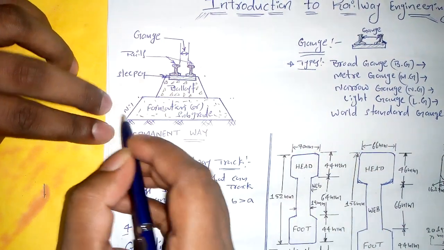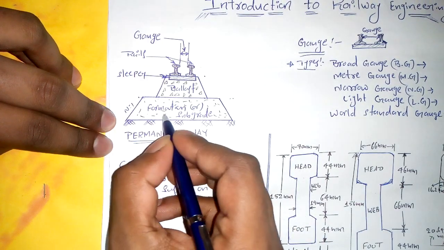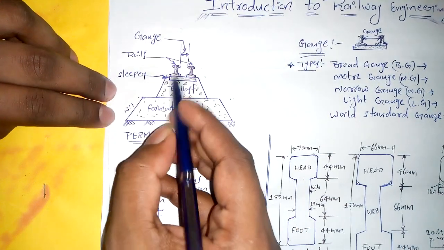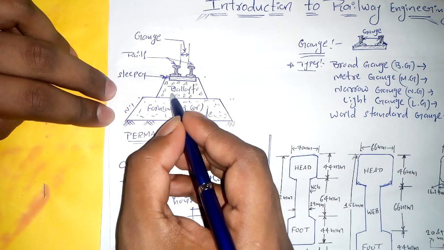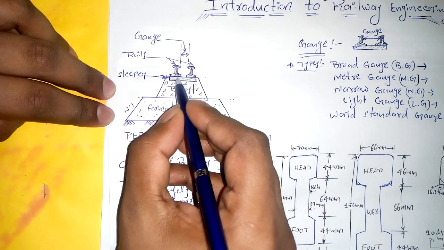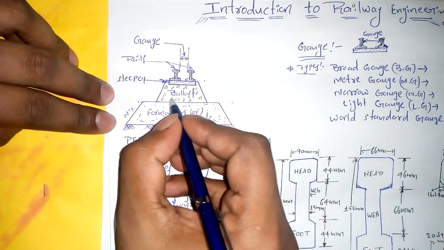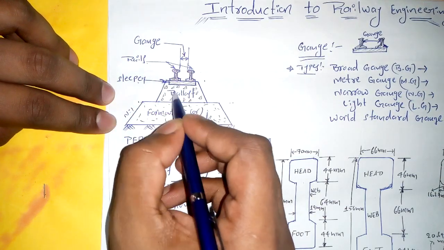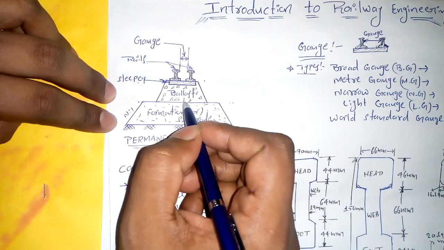The first one at the bottom is formation or subgrade, which acts like a foundation for the track, and on that there is ballast, in India mostly granite, and on that there are sleepers and then rails. The purpose of ballast is to keep the sleepers and rails in a proper position, to absorb the vibration loads, and to drain the water.